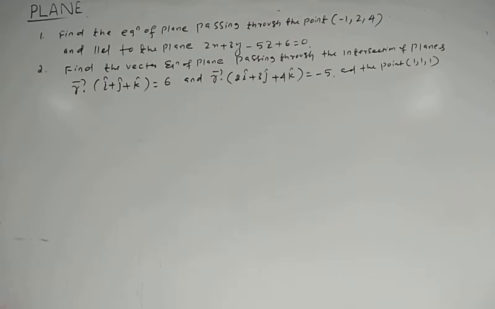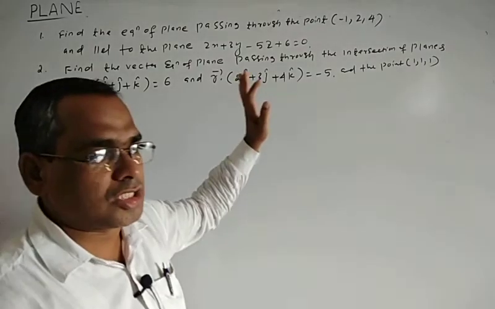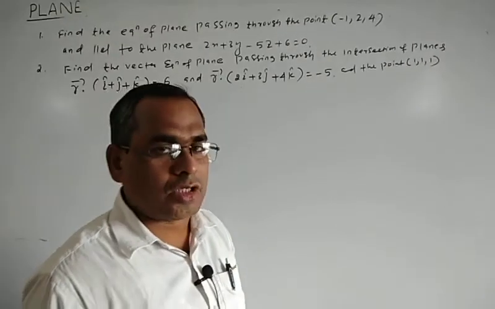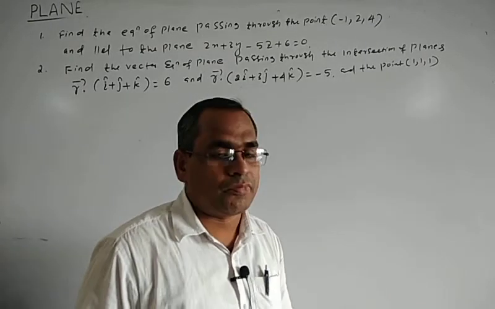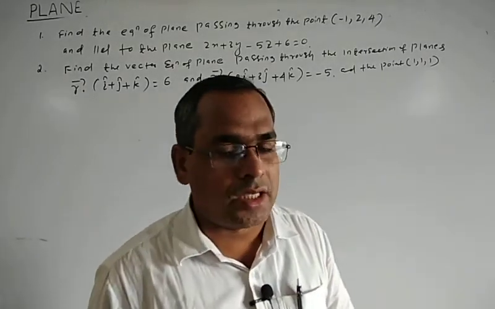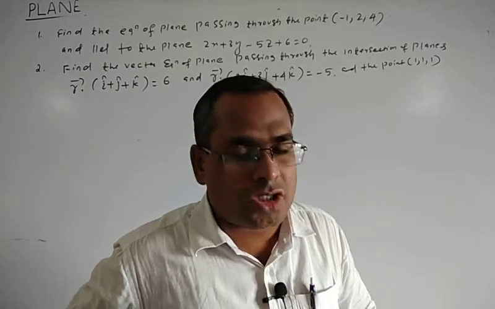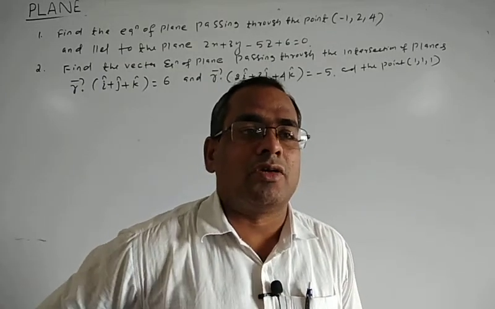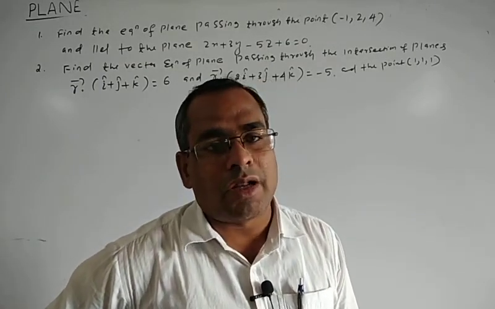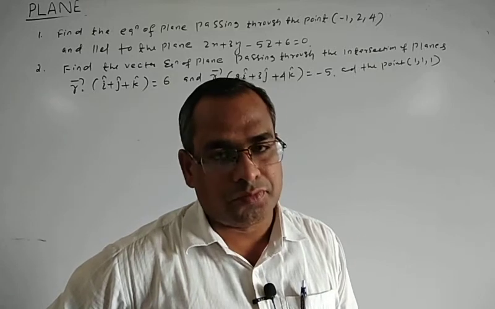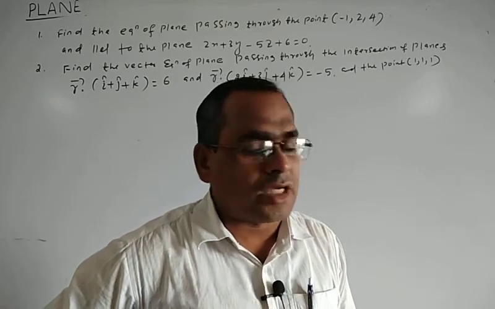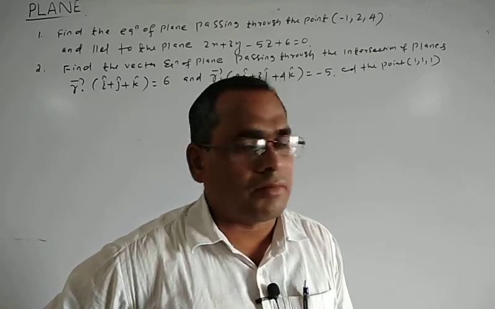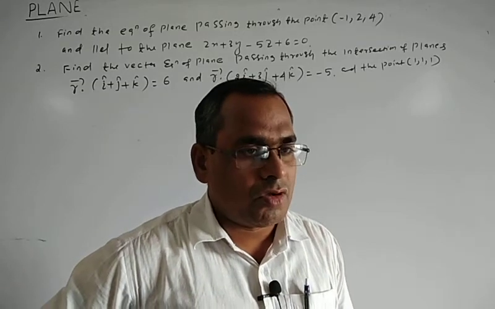Here we find the vector equation of the plane passing through the intersection of two planes, and this is known as a system of planes. You know the equation of the plane passing through the intersection of two planes is r vector dot n1 vector plus lambda into n2 vector is equal to d1 plus lambda into d2, where lambda is a constant to be determined by the given condition.